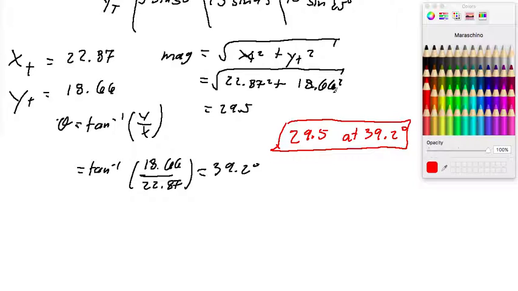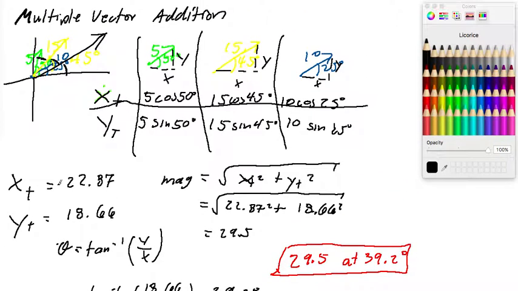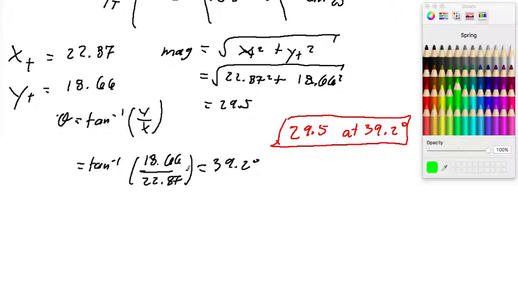Let me switch to black. Now the head-to-tail method, let's do them one at a time. Going back to green, it would look like this.